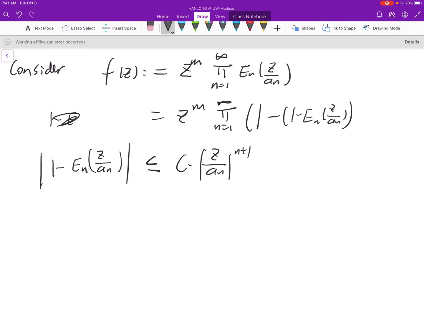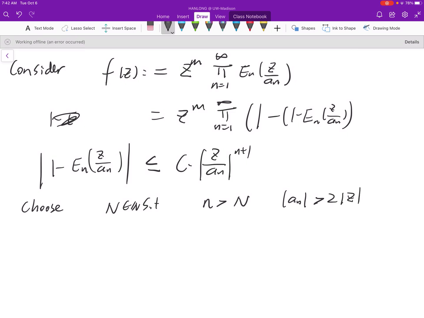Okay, and therefore for fixed z, this is a constant, then choose an integer capital N such that when n is greater than capital N, norm of an is greater than 2 times norm of z.